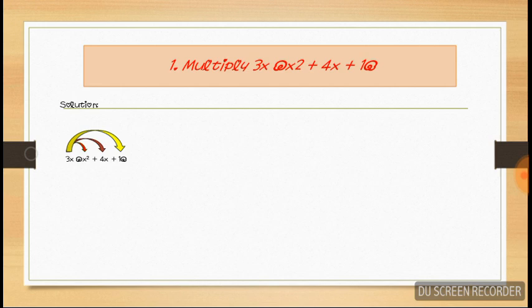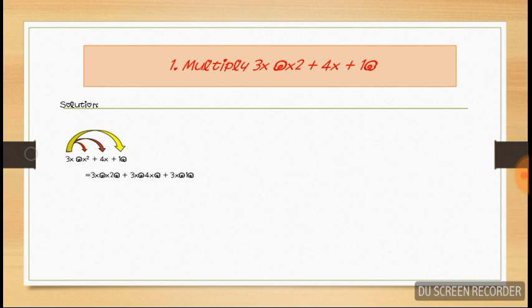After we distribute 3x, we will write it down by terms. That would become 3x times x squared plus, since our operation is positive, we will only write the positive sign, then 3x times 4x plus 3x times 1.